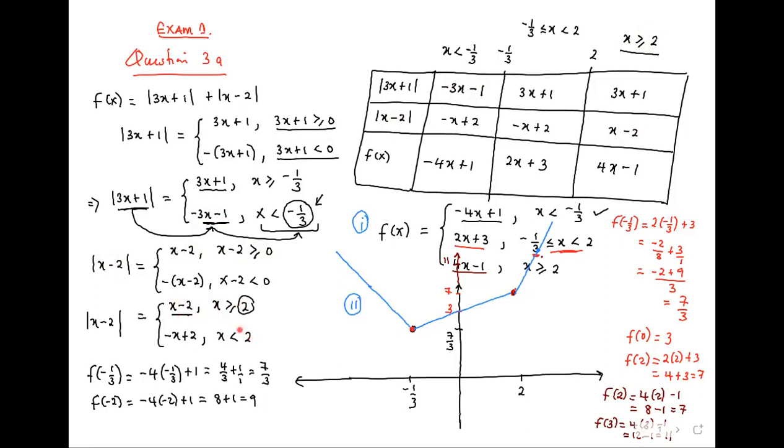But when x is less than 2, this modulus function is negative x plus 2, whenever x is less than 2. When x is less than negative 1 over 3, it's obvious it's less than 2. That's how the table comes about, and then you add on the last line.